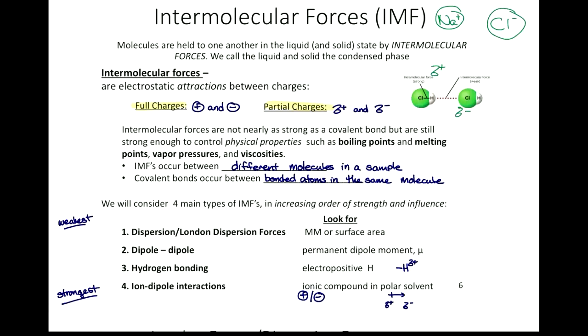In 8 and 9, we talked about chemical bonding. Chemical bonding, like covalent bonding, ionic bonding, those are bonds formed to make a molecule, all right? So covalent bonds occur between bonded atoms in the same molecule. But intermolecular forces are attractions between different molecules, but in the same sample. So we're kind of taking a step back.